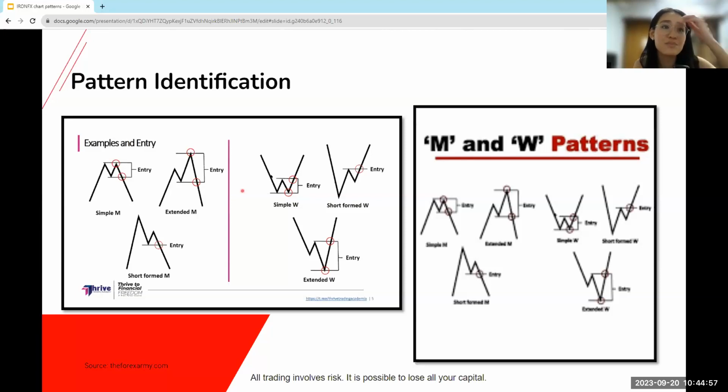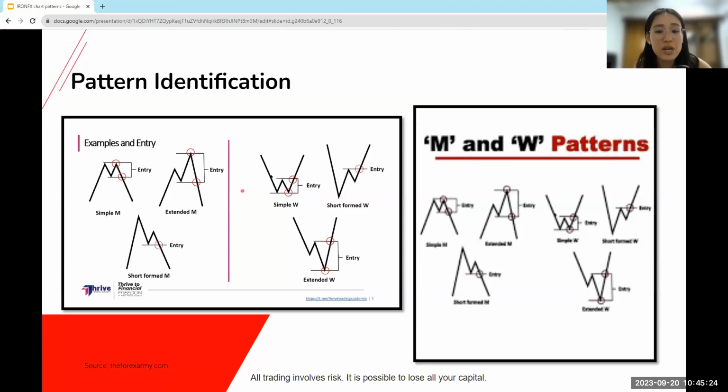So you can see instead of our simple M, we also have extended M's and short-form M's. Instead of the simple W, as we mentioned earlier, which would be our reversal patterns, we now have extended W's and short-form W's as well. So they're just slightly more complex to understand, but once you do, they can be spotted really easily as well.